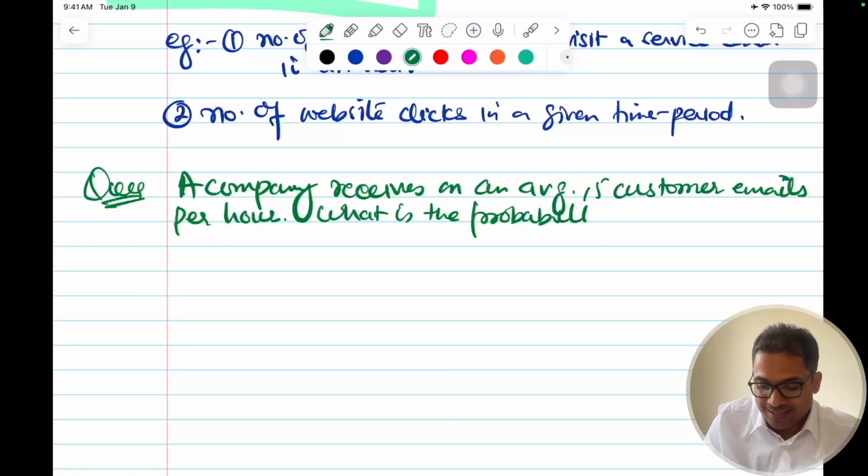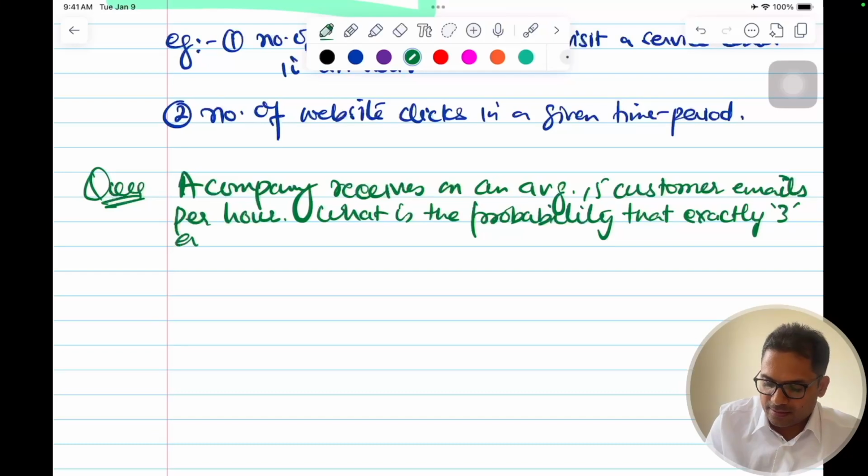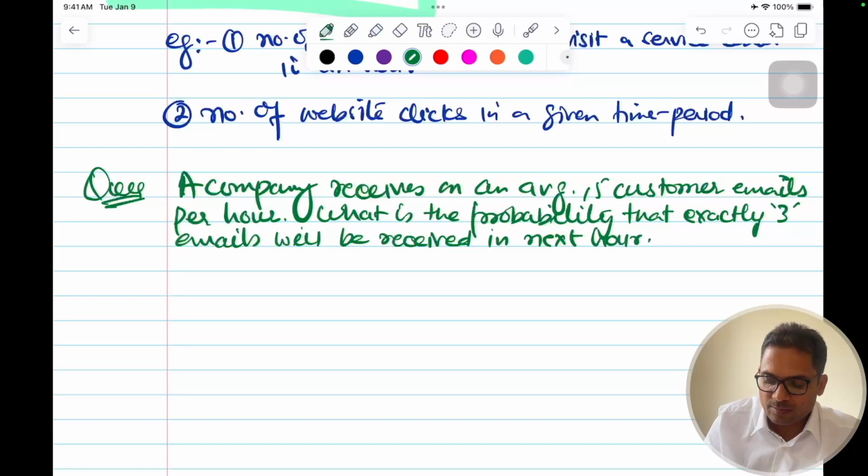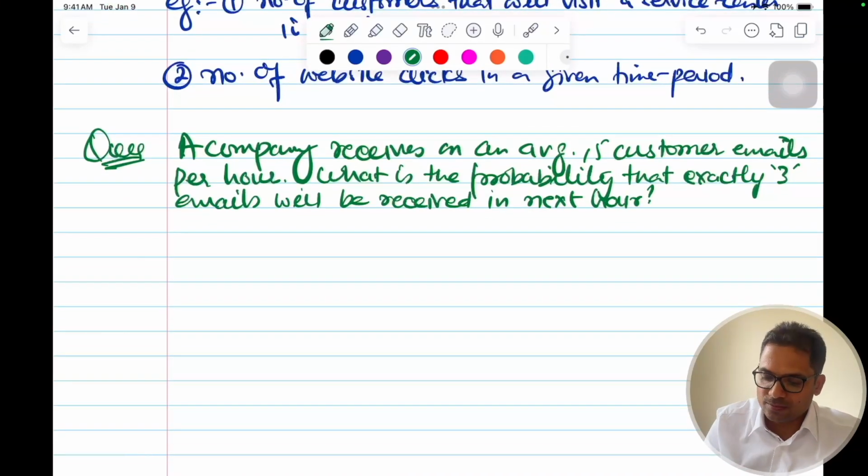What is the probability that exactly 3 emails will be received in the next hour? So we know the constant rate, lambda, that is 5. I hope this looks like a 5, and we want to find 3.